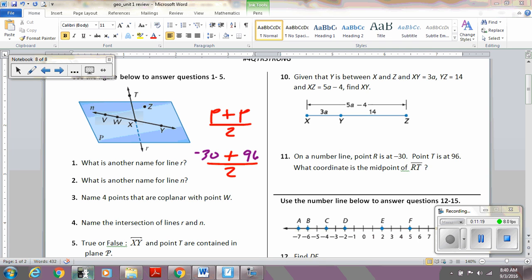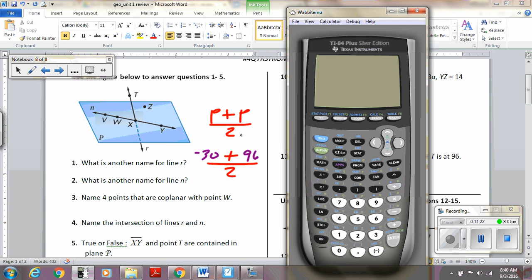So now we can grab our calculator or do it with a basic calculator or in your head, whichever works best. In other words, you don't have to have one of these TI-84s to answer this question. So -30 plus 96 over 2 is 33.